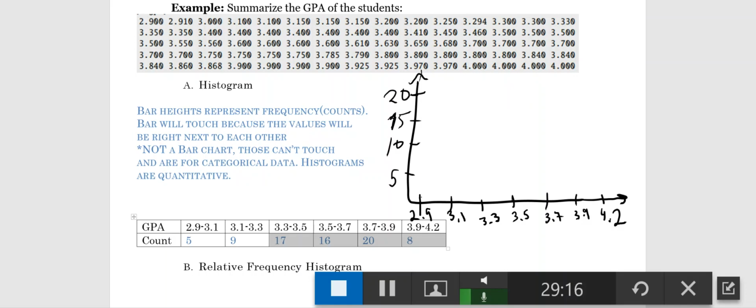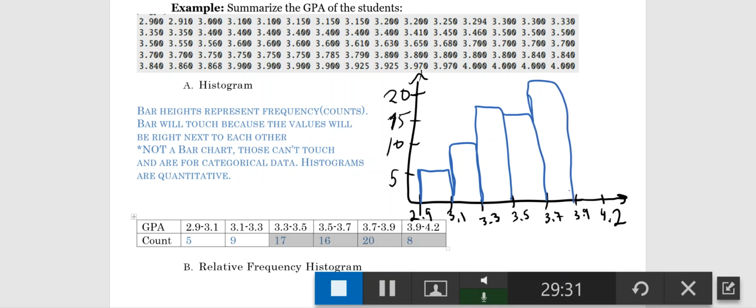So there are 5 here, and then 9, so just shy of 10, and then 17, and then 16 is just a little shorter, and then 20, and then 8. So I need that to be lower than the 9, so right about here.